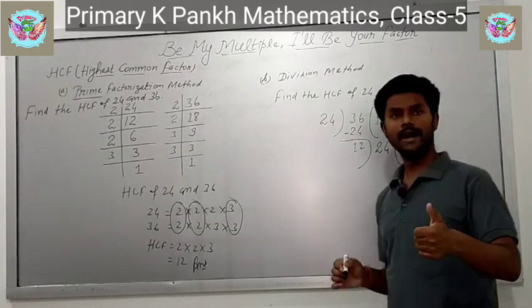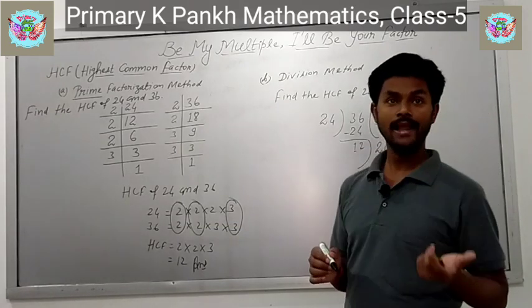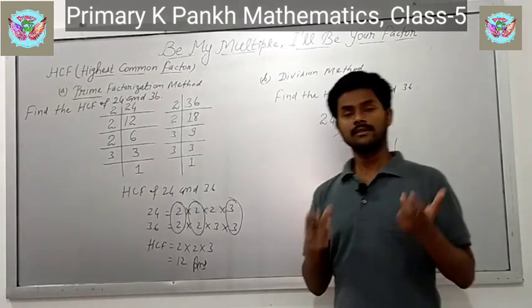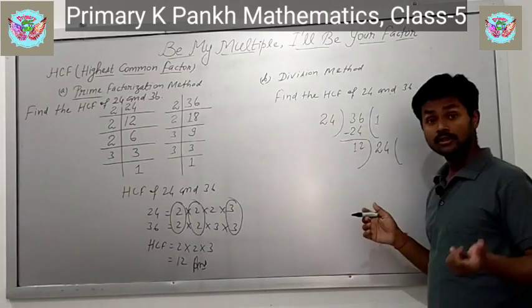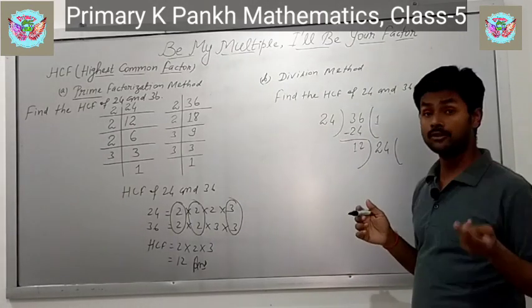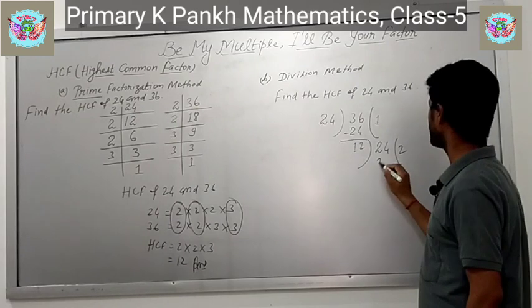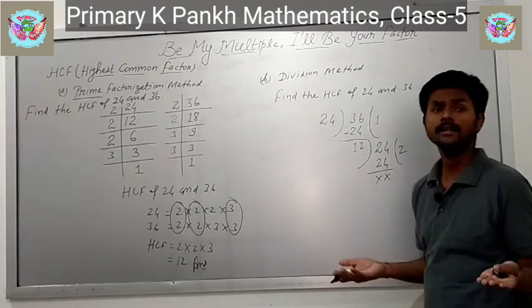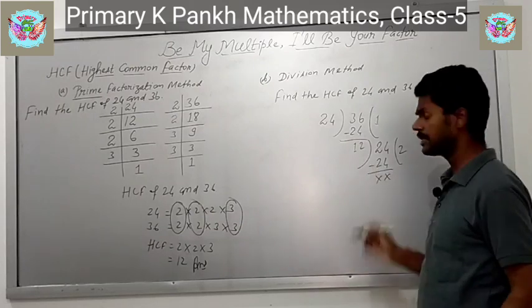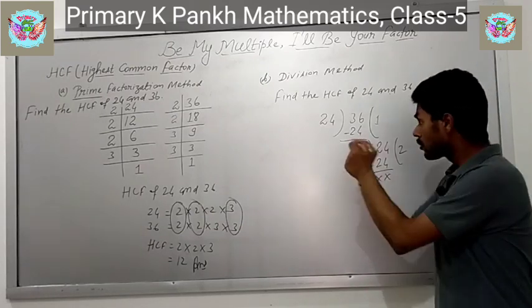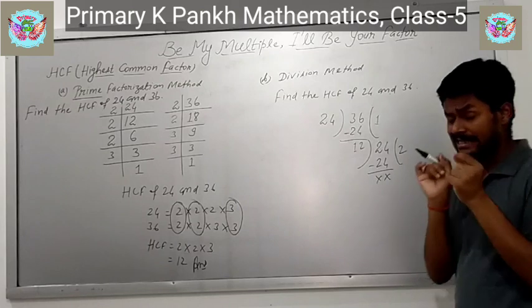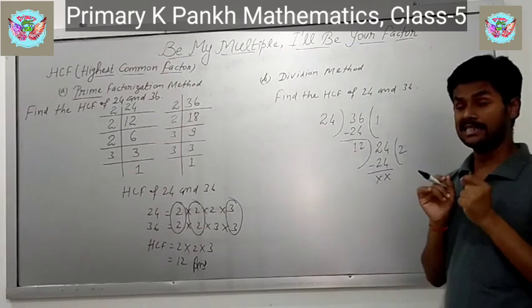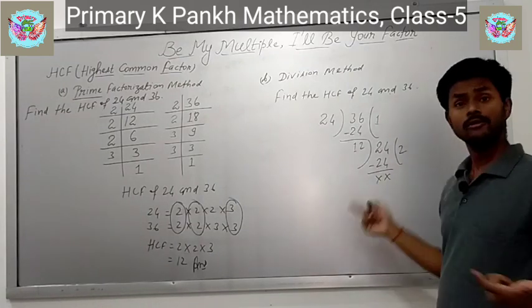When we divide 24 by 12, it goes 2 times. When you read 2 times the table of 12, it will be 24. So there is no remainder, or you can say the remainder is 0. So which number will be the exact HCF of 24 and 36, 2 or 12?